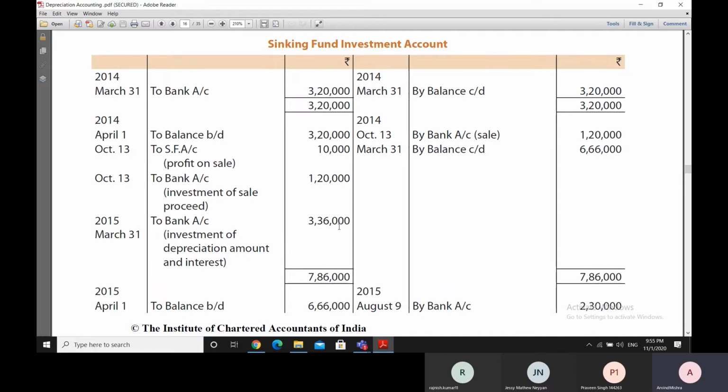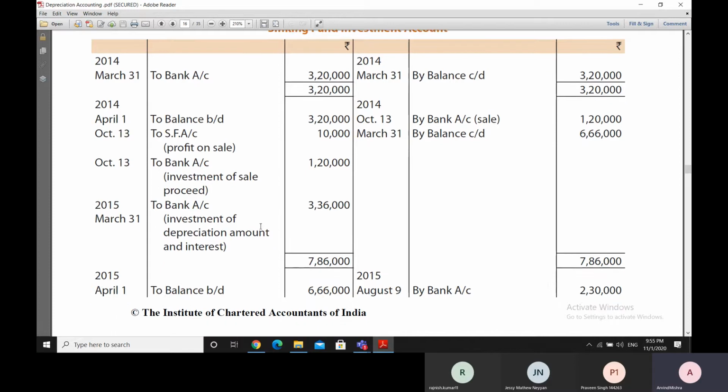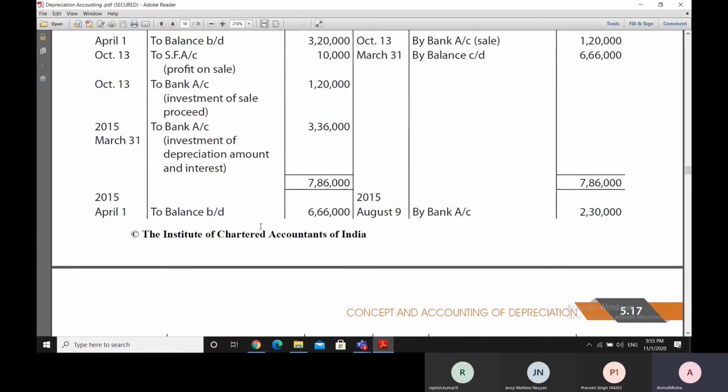So that amount, depreciation plus interest, we are debiting to the sinking fund investment account and crediting to the bank account, thereby transferring the depreciation plus interest earned. In essence, we are investing the depreciation and reinvesting the interest amount by transferring from the bank account to the sinking fund investment account, so that out of that amount we can make an investment into a specific investment.